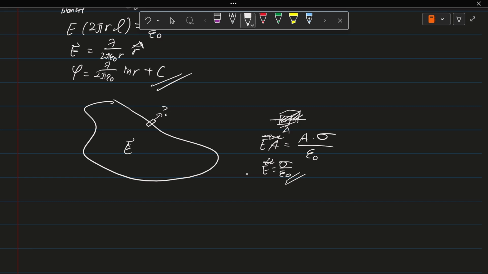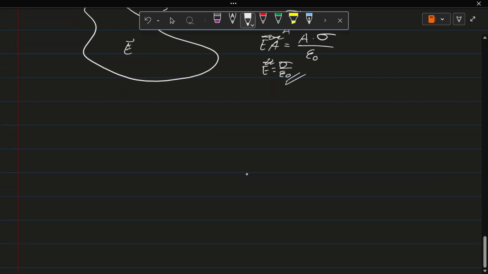So now let's talk about the electric dipole. If you consider two different charges, a negative and a positive charge, separated by a distance of L vector, the question is: what is the electric field?